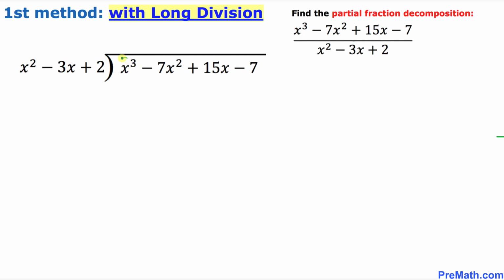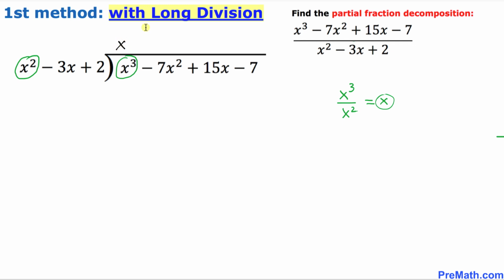First of all, look at this x power 3 inside. I'm going to write down x power 3 divided by this leading term over here, which is x power 2. When we divide this, we are going to get x right up here. So this x is going to go on the top.